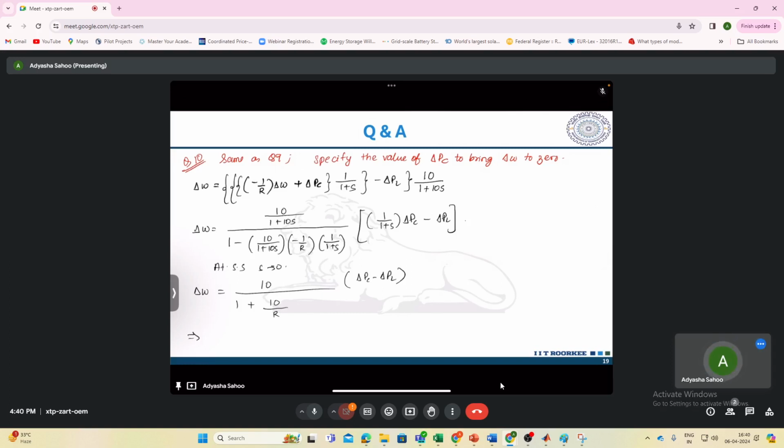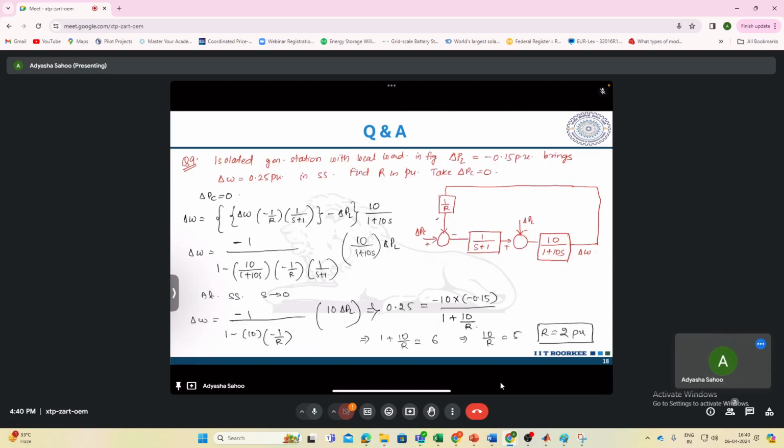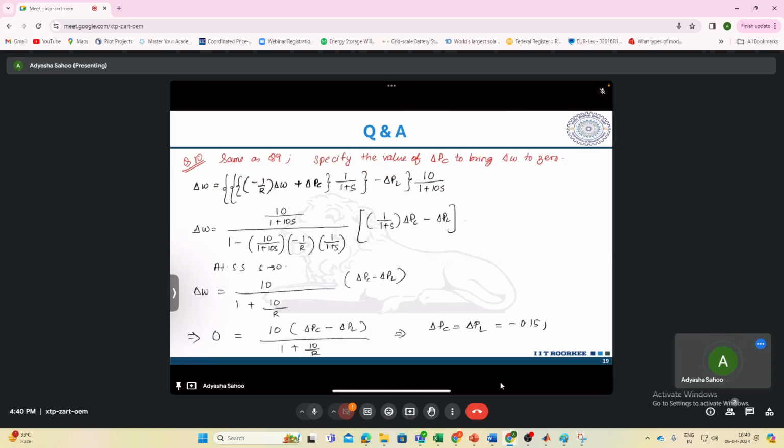So delta omega we need to bring to 0, is 10 into delta PC minus delta PL over 1 plus 10 by R, which means delta PC is same as delta PL, which was minus 0.15 per unit.